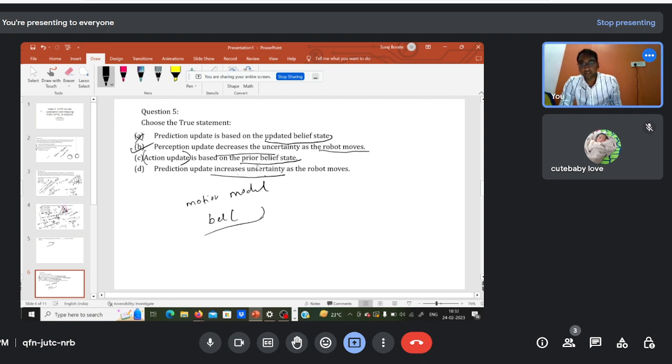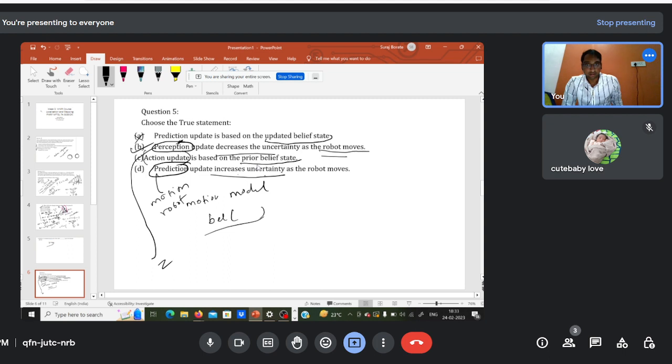So here the key is that this is perception and this is prediction. What is the difference between perception and prediction? This is based on the motion of the robot, and perception means the sensor measurement Z. The robot motion will help in correlating the perception.